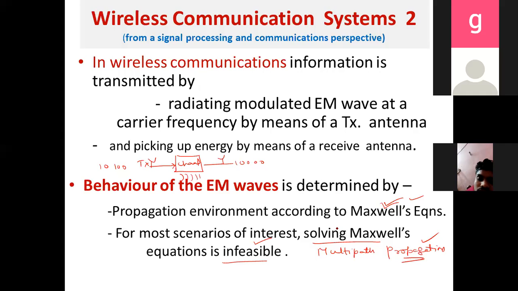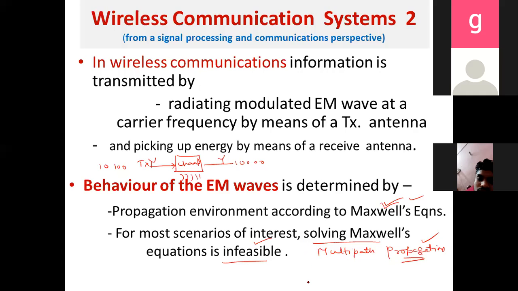This Maxwell's equation solution is not the solution for mobile cellular communication, or for the urban environment, particularly the densely populated urban environment. It is mainly due to the multipath propagation.